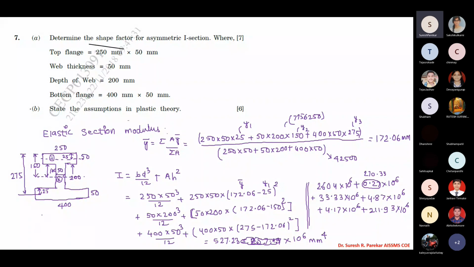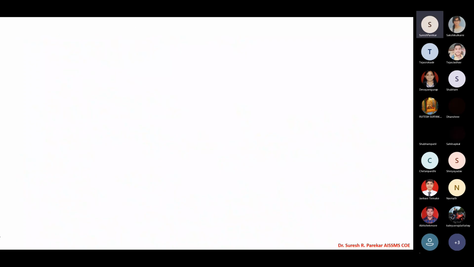Now we have y bar from top 172.06 and then from bottom, total height is 300 minus 172.06 and we will get it as 127.94. Now we will find ZE top.